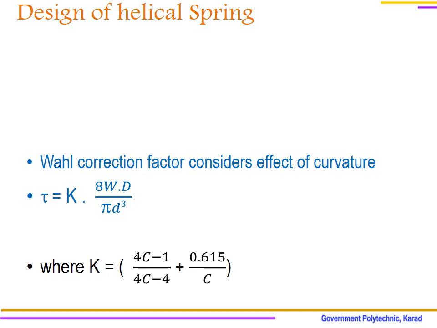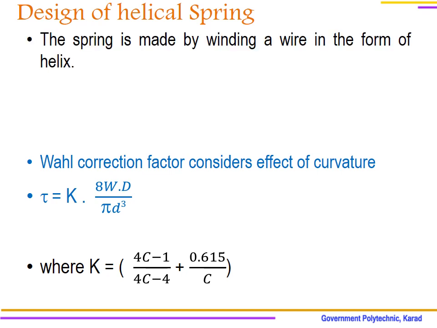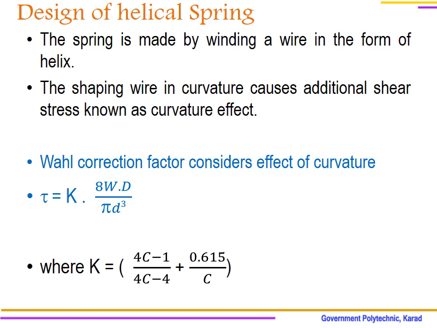We know that this is the additional shear stress. Wahl has given K, which is known as Wahl's correction factor, and by using this Wahl correction factor we are in a position to design the spring.